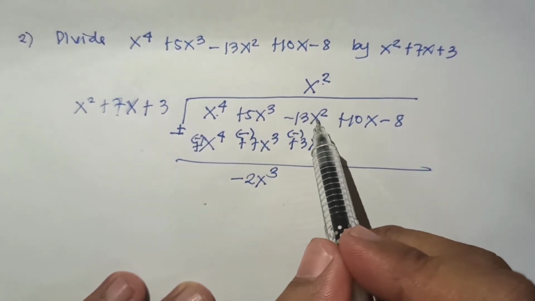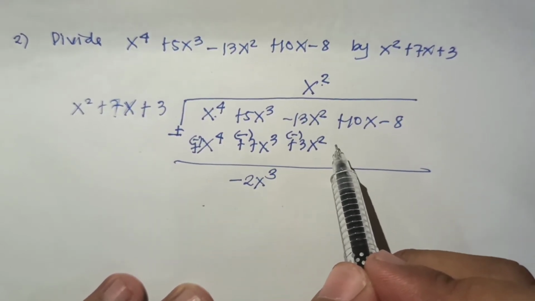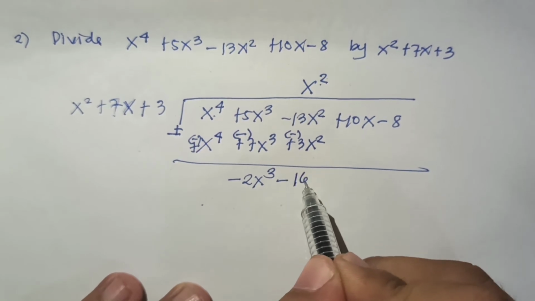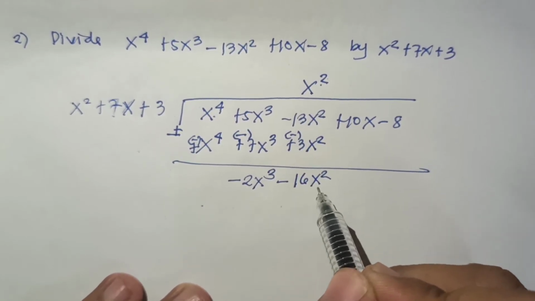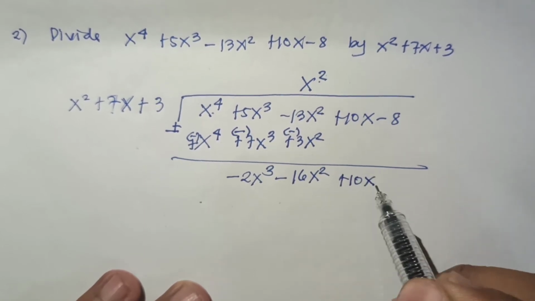Negative 13x squared plus negative 3x squared, the result is negative 16x squared. Next, you're going to bring down 10x here.